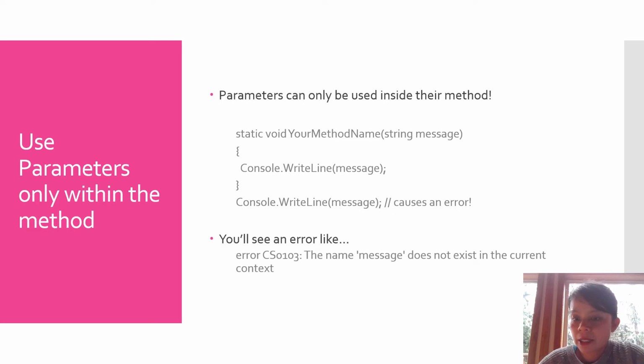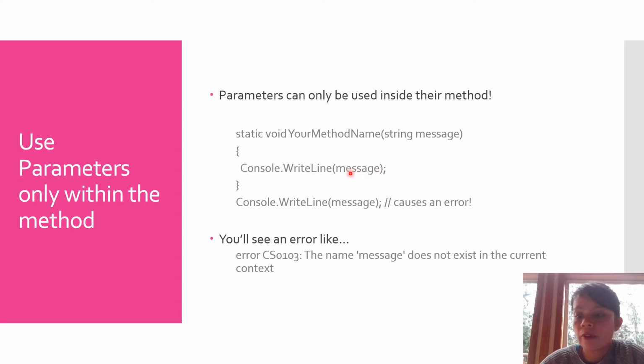So now let's continue on with talking about how parameters can only be used within the method. Okay, so remember, parameters can only be used inside of the method. Right now we have defined the parameter here, message, and then you can print that message in this code block to execute.